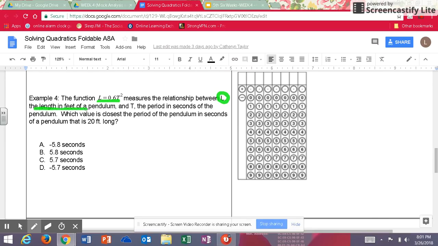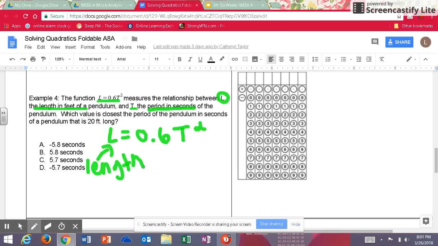It doesn't matter if you know what a pendulum is or not. It's a thing that swings back and forth. And T, the period in seconds. So they've already defined both of our variables. We've got L equals 0.6t squared.